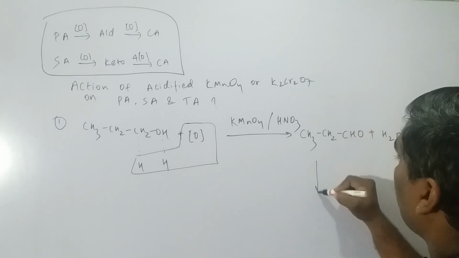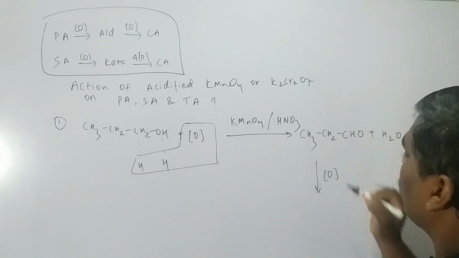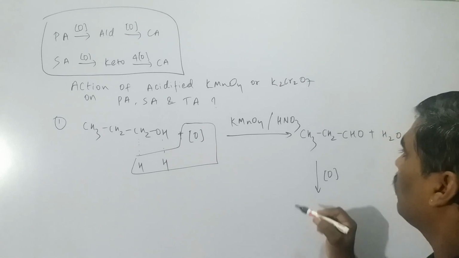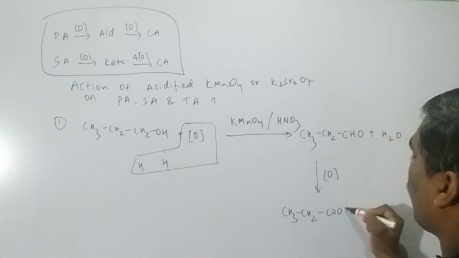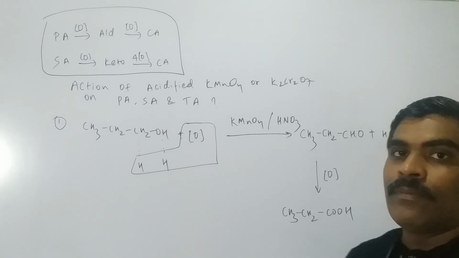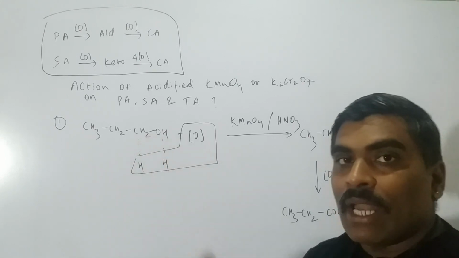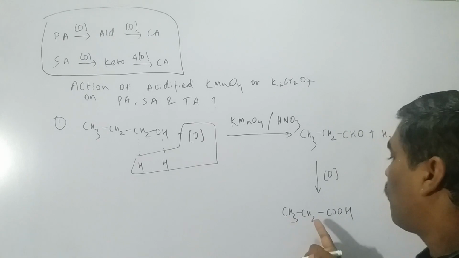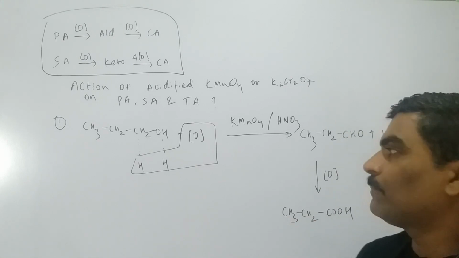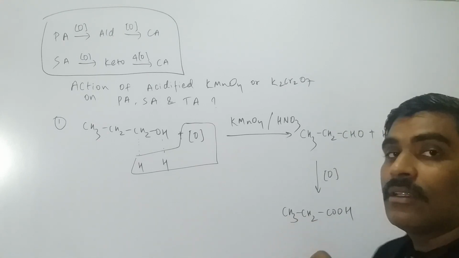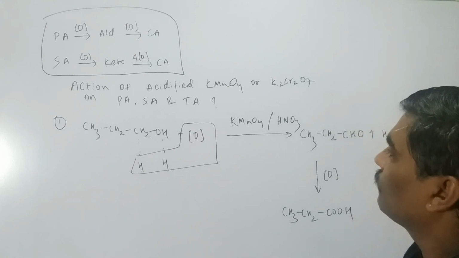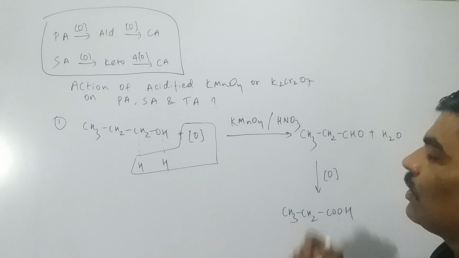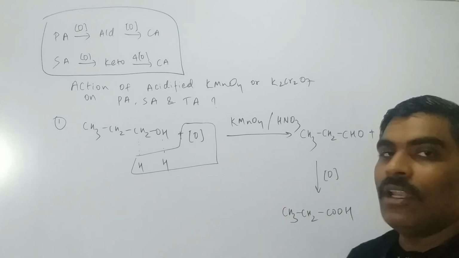So here one more oxygen, further oxidation, and we get CH3CH2COOH, means propane 1-ol gives propanoic acid. Acid containing the same number of carbon. So this is for primary alcohol.